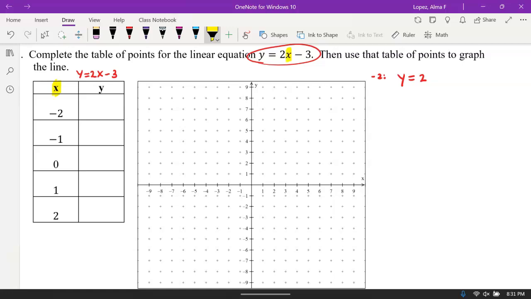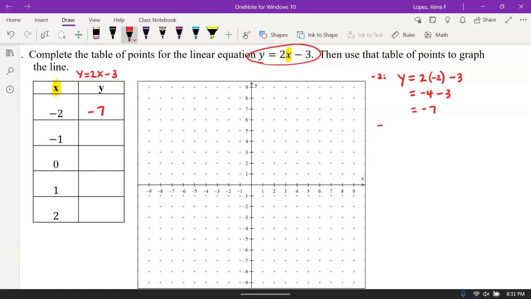So I'm going to plug into this x value and find the y. So 2 times -2 is our first x, minus 3. You just solve. 2 times -2 is -4, minus 3 is -7.